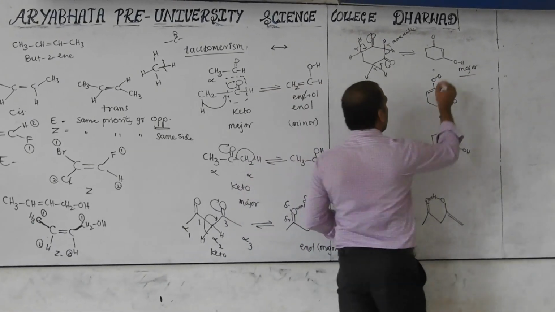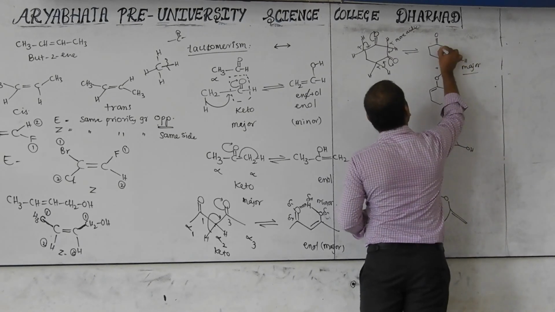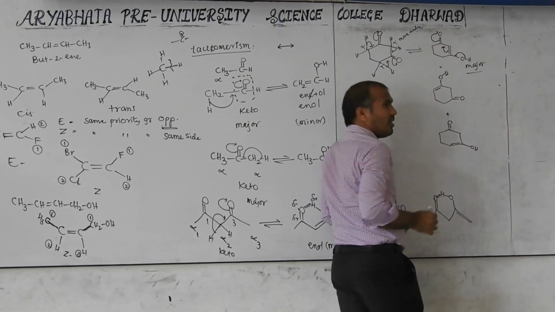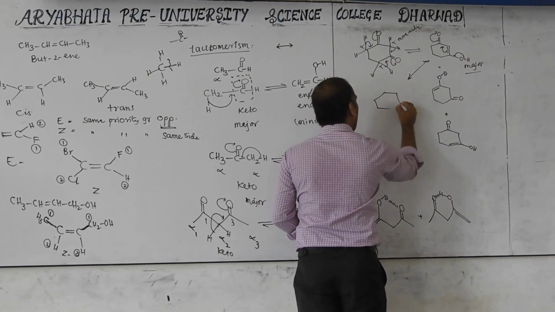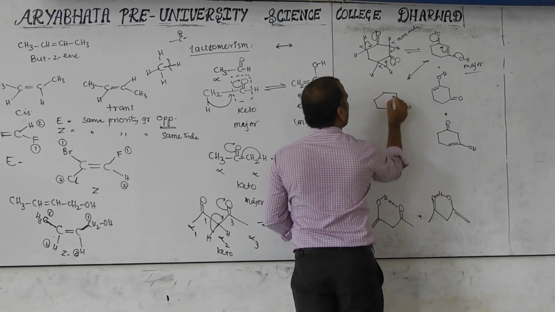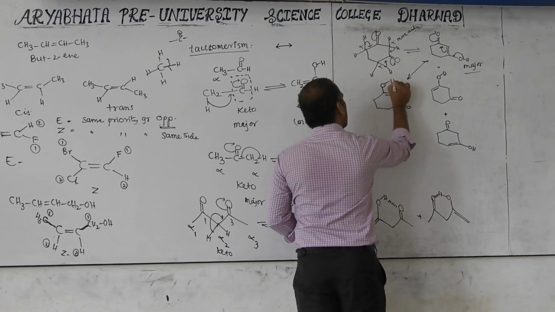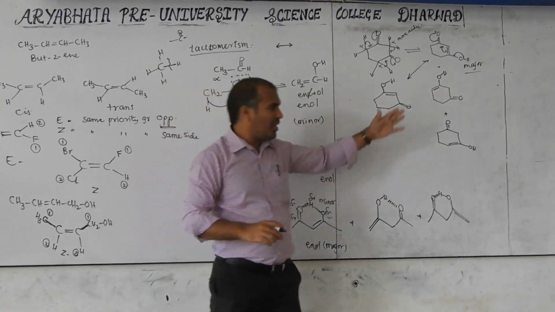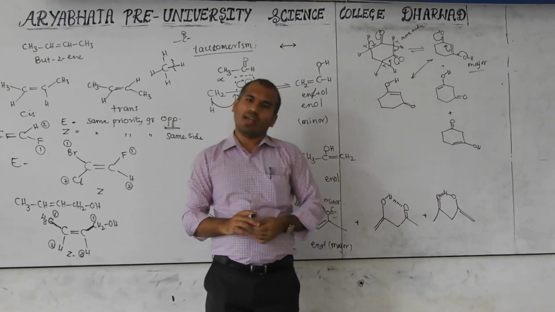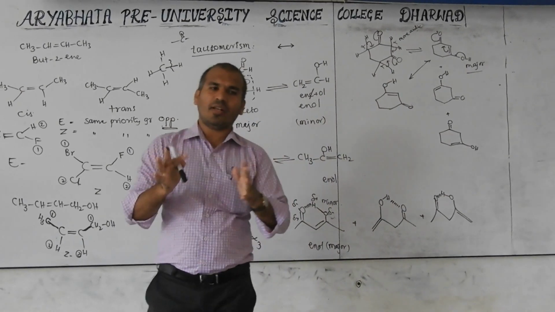How is it resonance stabilized? It will come to here, this will come to here, this will come to here. Then what resonance do we get here? Here double bond, here like this. So due to resonance stabilization, this is more stable than the remaining isolated forms. Any question will be given, immediately we have to think.